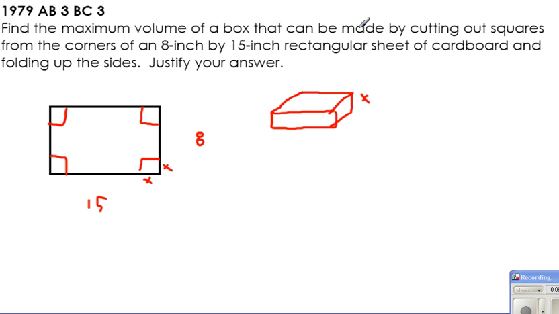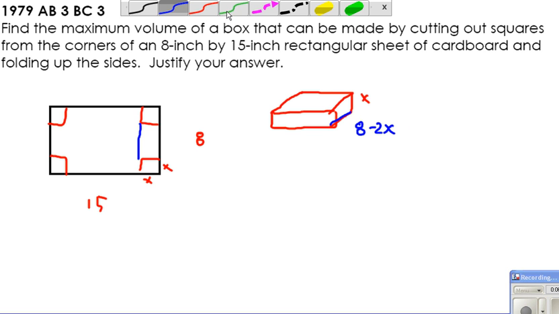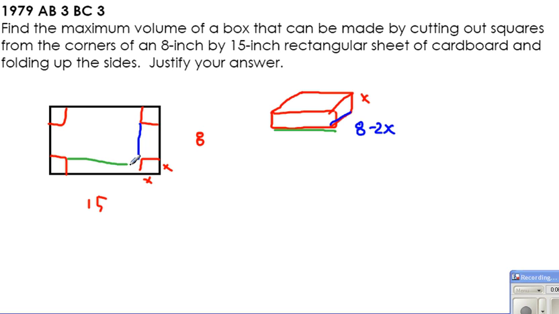This dimension, let's use the blue line, must be equal to this portion, which is 8 minus 2x. And then you can easily see that this front green line segment is 15 minus 2x.